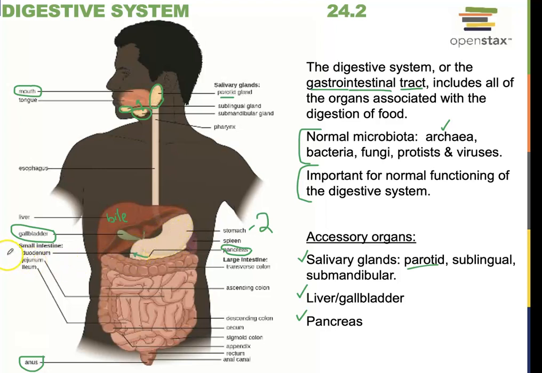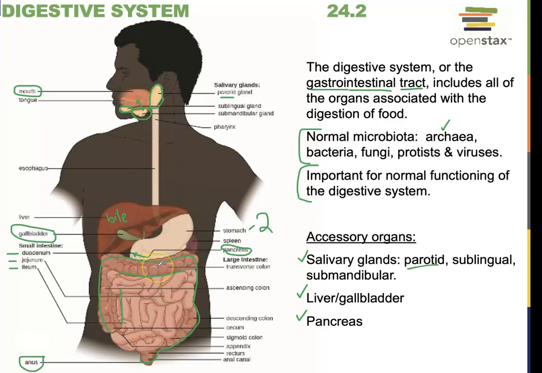This first part of the small intestine is called the duodenum. Then the second parts are jejunum and ileum. So these are all small intestine portions. In the small intestine, we do have normal flora, but not as much as the large intestine or the colon. The large intestine is large for its diameter and is going to move slower than the small intestine.